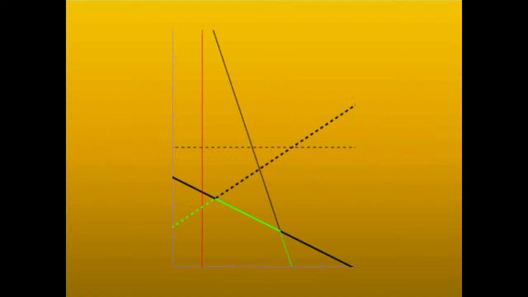Here, if we sort the lines by decreasing slope, this line will be first, this is second, this is third, and this is fourth, right? When we have these two lines, the optimum line will be this and then that, right?